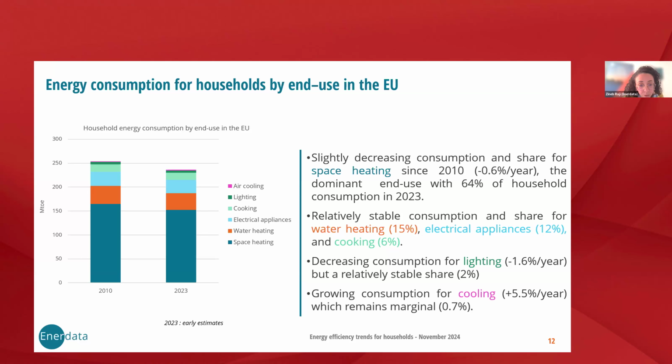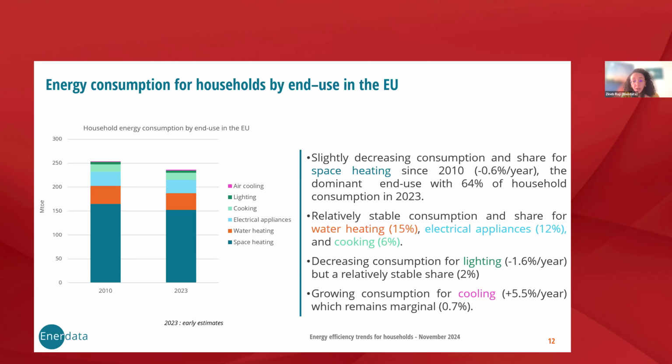We have lighting, cooking, electrical appliances in light blue, water heating in orange, and space heating in dark blue. And the chart shows 2010 and early estimates for 2023. So as you can see, the dominant end use is heating. It was in 2010 and it still is in 2023.